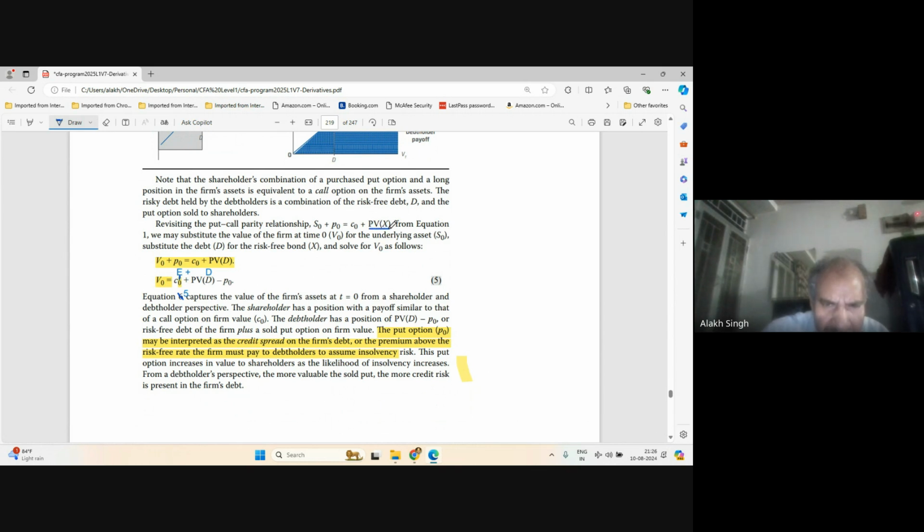This one is risk-free. This total is our risk-free debt. The present value of D has some risk, some default risk. But when they sold the put, they got some money, and that way it becomes risk-free debt.